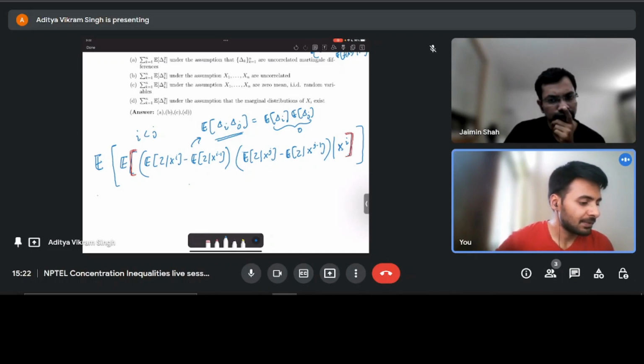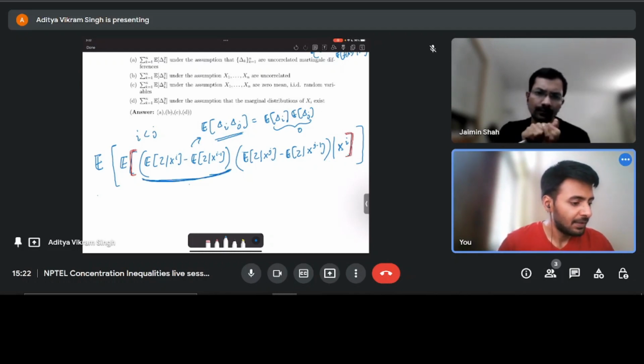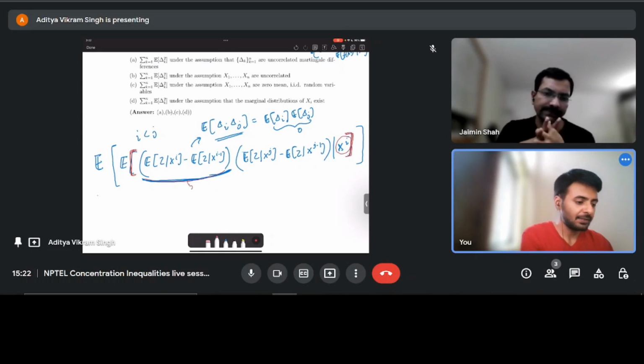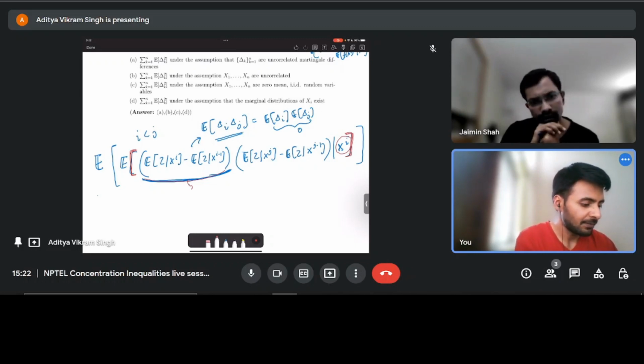Since you're given x power i, you can just take this part outside of the conditional expectation, because this is a function of x power i, so it becomes a constant inside this expectation.